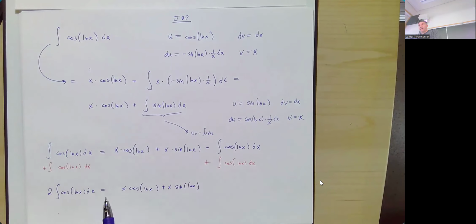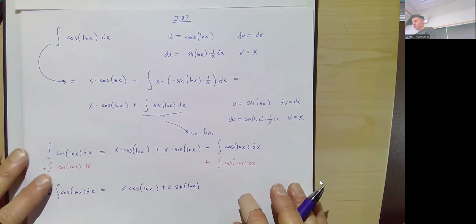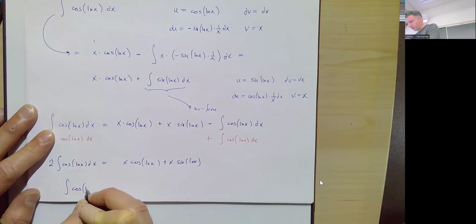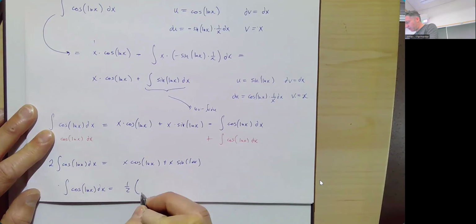Then if I want to isolate the integral, I just multiply both sides by 1/2. So the integral I was trying to find, cosine of natural log of x dx, is equal to 1/2 times all of that.